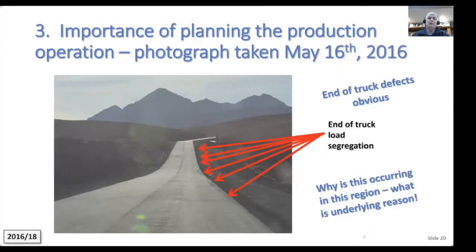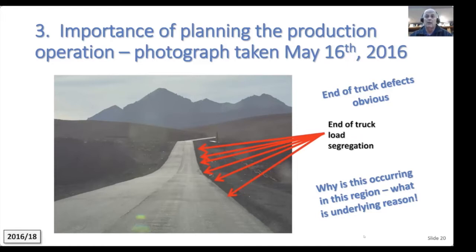Now, I put this one on, and this is one of the favorite set of pictures that I've taken in my history. This is high in the Andes. This isn't actually a project that I was involved in working on, but it was constructed in a similar manner to one that we were going to build.